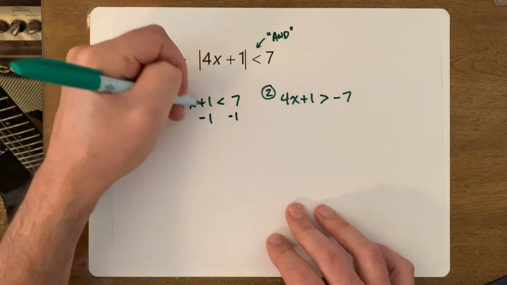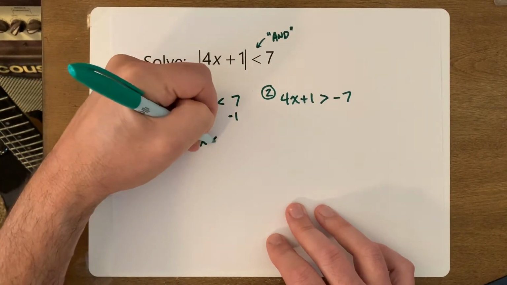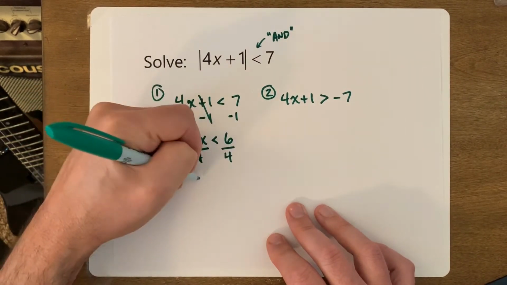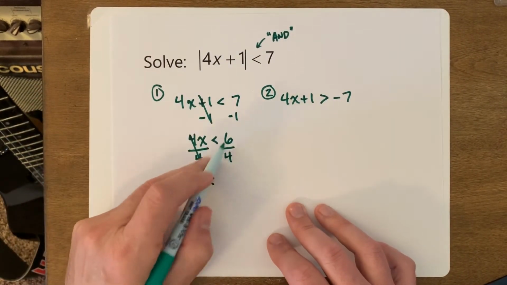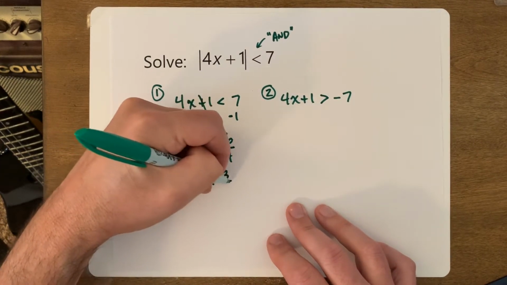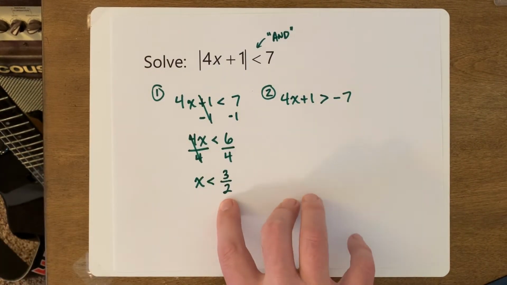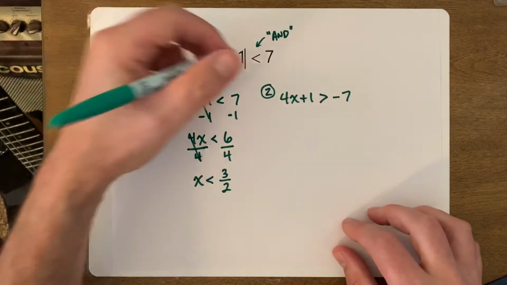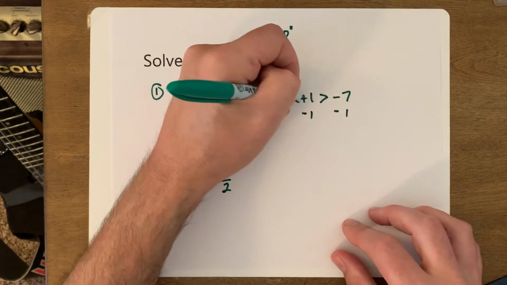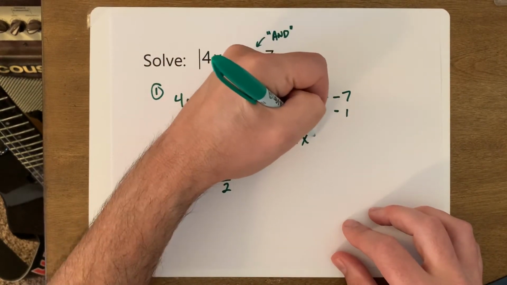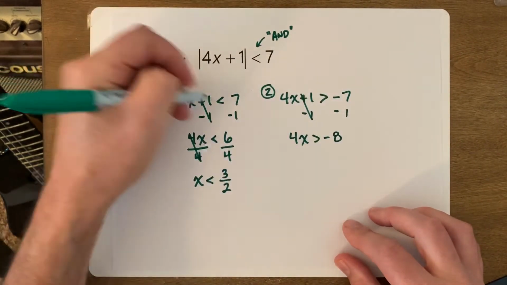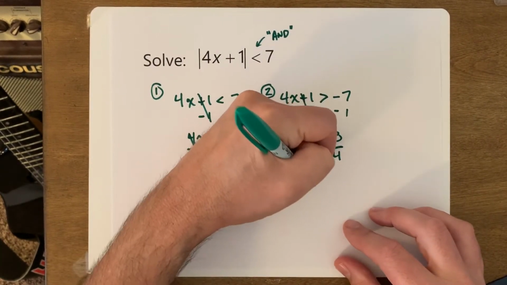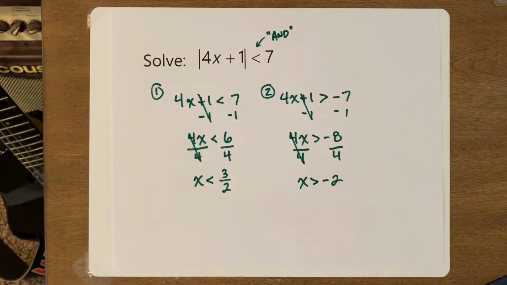Minus 1, 4x less than 6, divide by 4, and x is less than, that would reduce down to 3 over 2. Don't use decimals unless there's decimals in the problem, and there's not. So we're going to leave that as a fraction. All right, this one over here, minus 1. So we got 4x greater than negative 8, divide by 4, and we get x greater than negative 2.